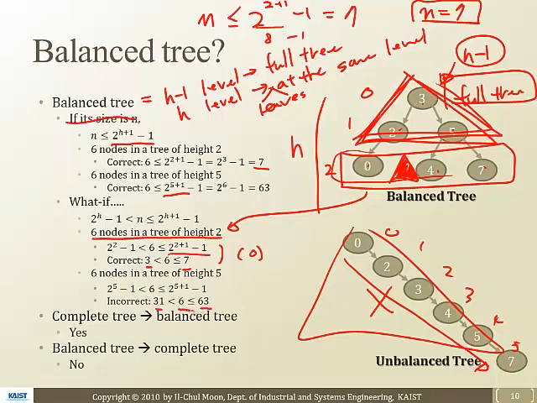So the inequality is satisfied. However, this is incorrect. This is a false statement, because we know that we don't have a full tree structure on the upper side, so it is going to be an unbalanced tree. So this is a short examination of whether a tree is balanced or not.